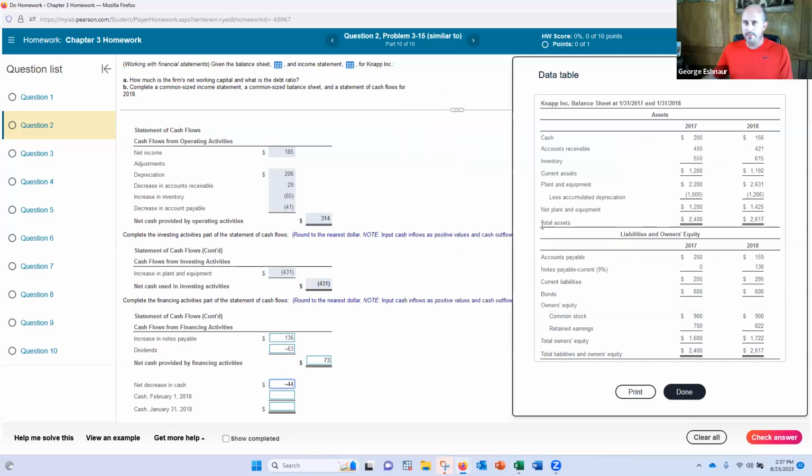We are done with that piece. So what was our cash on hand at the beginning, whenever this file was made? Our cash on hand in February of 2018 was 200, and our remaining cash is 156. And that's the variance between these two.